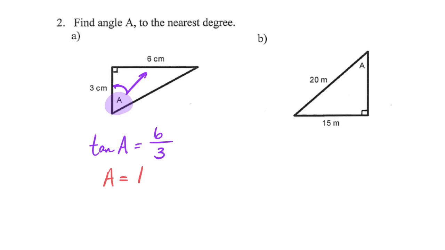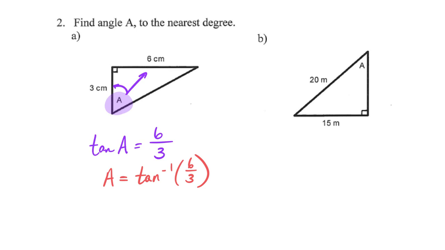So A is going to be the inverse tan, and this might be a time where I write down 2 out of laziness. Like, it's faster to write down 2 than 6 divided by 3. Again, though, I don't care. If you wrote down 6 over 3, fine.